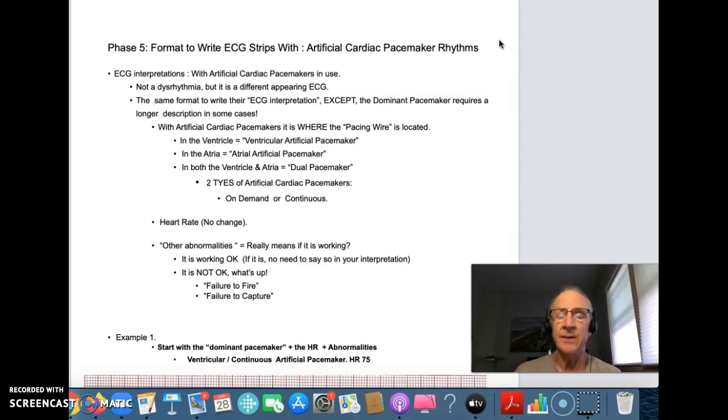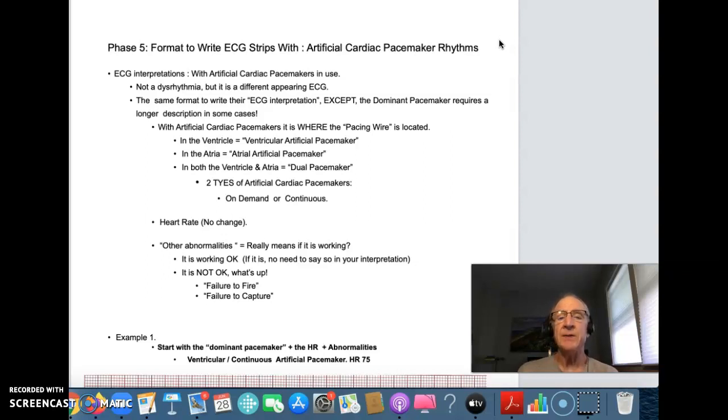The second step, the heart rate, find it the same way. The third step, other abnormalities, is a little bit different also. What we're really looking for is whether the pacemaker is working. If the pacemaker appears to be working, then you're done with your interpretation. You don't have to put that down in your answer.